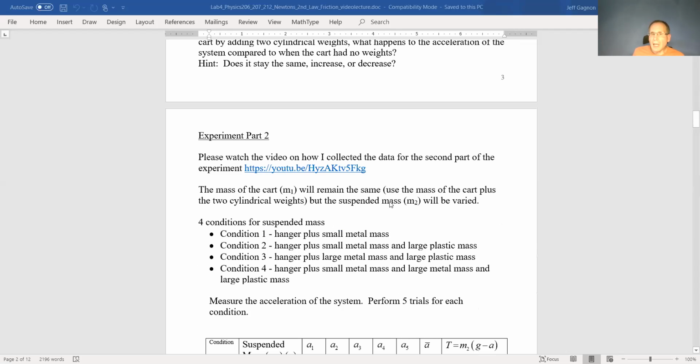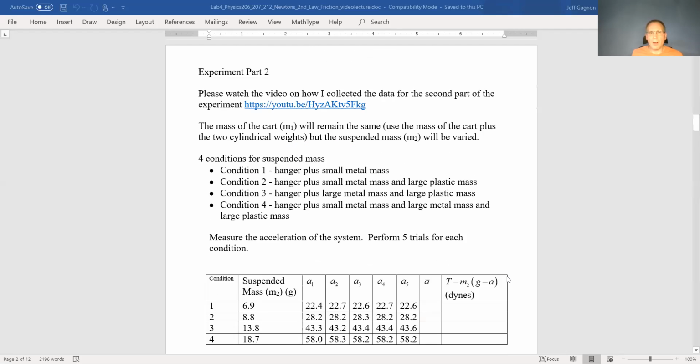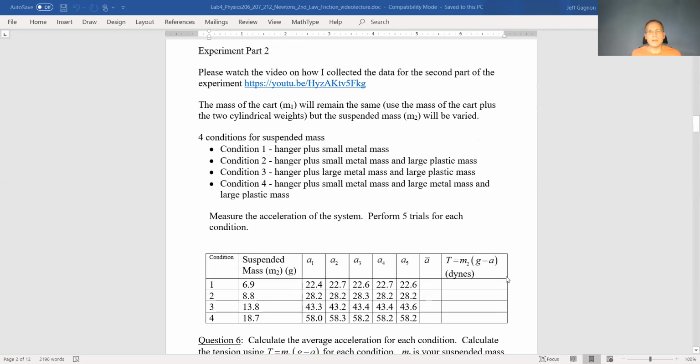Okay, for the second part of the experiment, what we did was we kept the mass of the cart the same for all 4 conditions. In fact, it was the mass of the cart plus the 2 cylindrical weights. We left the 2 cylindrical weights on. And what we varied for the 4 conditions now was the mass of the hanger. Condition 1 was the hanger plus a small metal weight.